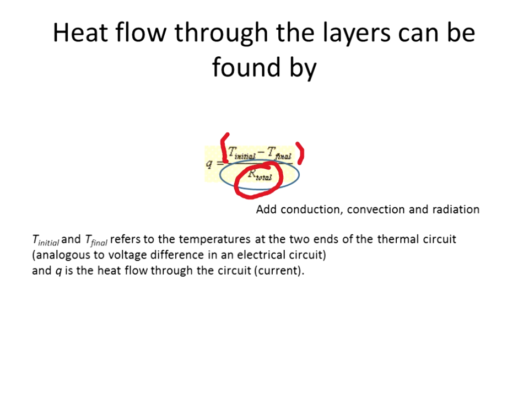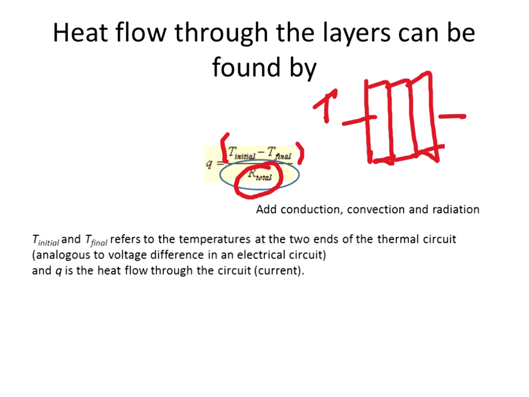Now remember, here it says initial and final, but it refers to the two ends. So if I have something like this, a surface here, another surface there, another surface here, this would be the initial and this would be the final. So it would be like T1 and T2 on the extremes or the sides of the elements that you're analyzing.